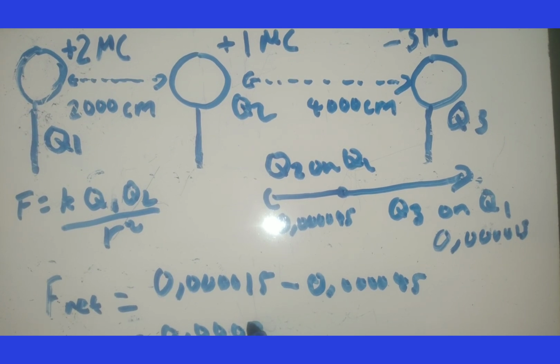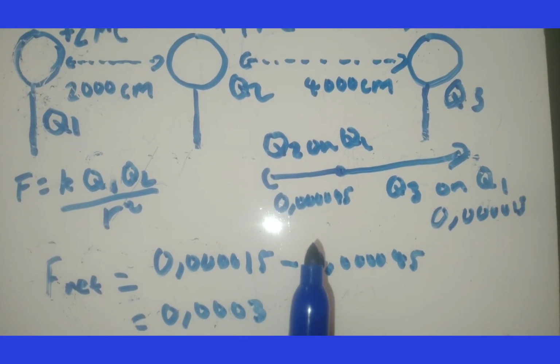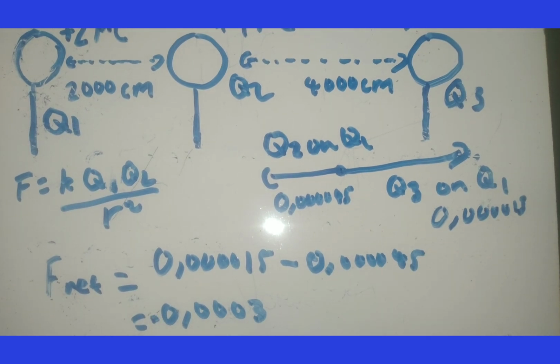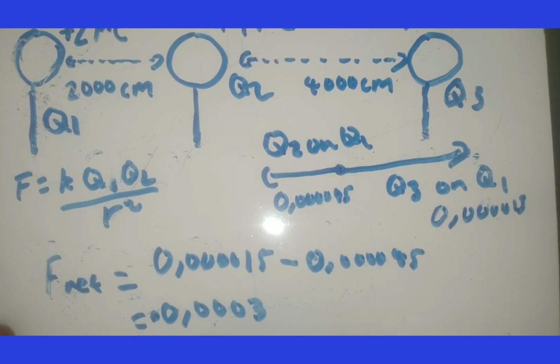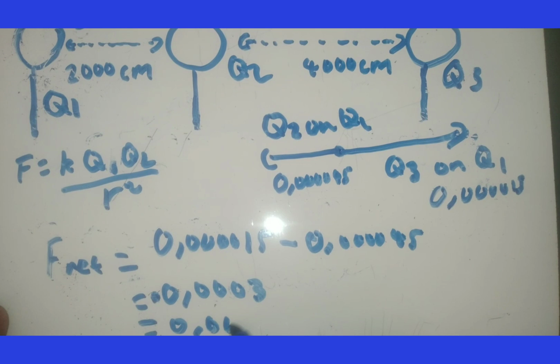Yep, you can verify that with me. So it's going to be negative, meaning that the left will win. So then we'll say negative, then on the next line we'll say 0.00003 to the left.